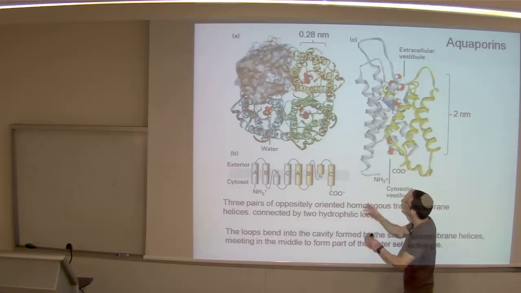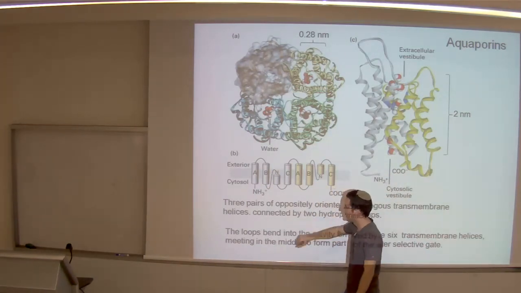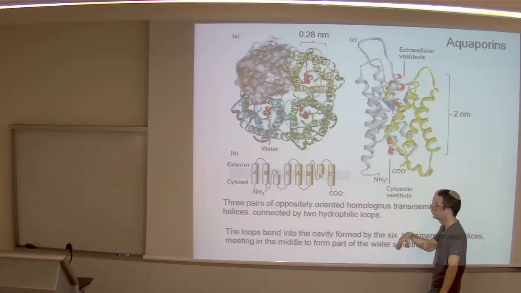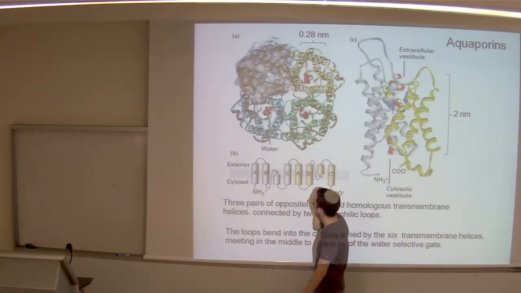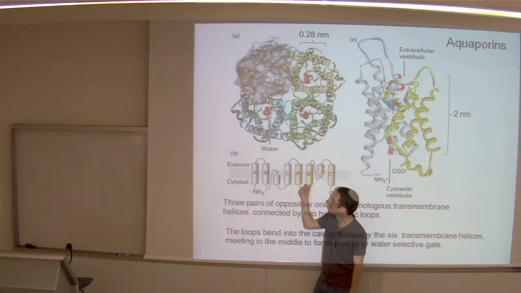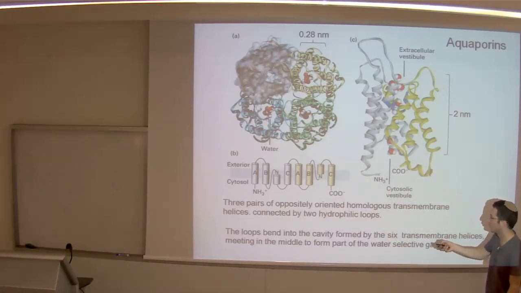Now, if you unfold this structure, each subunit has three pairs of homologous transmembrane regions. The pairs are A, B, C, which are connected by two hydrophilic loops. This is the loop right here and right here.